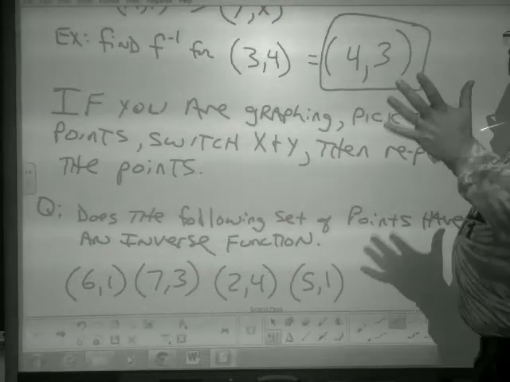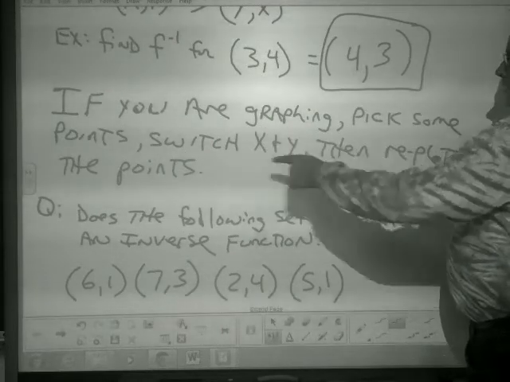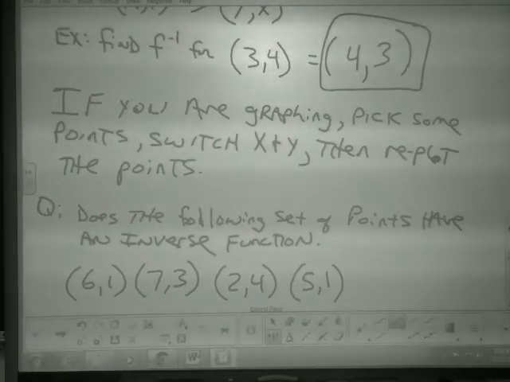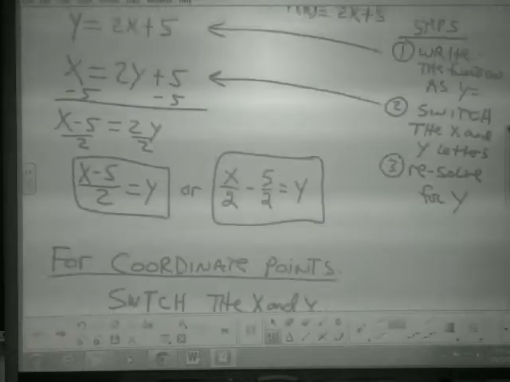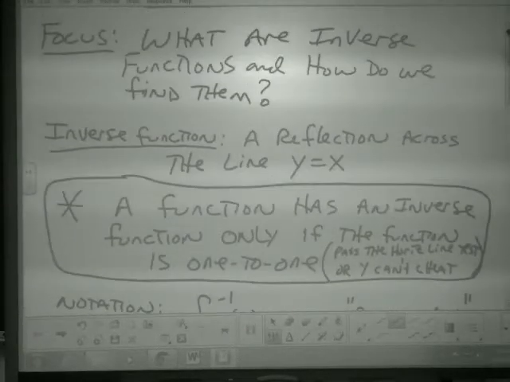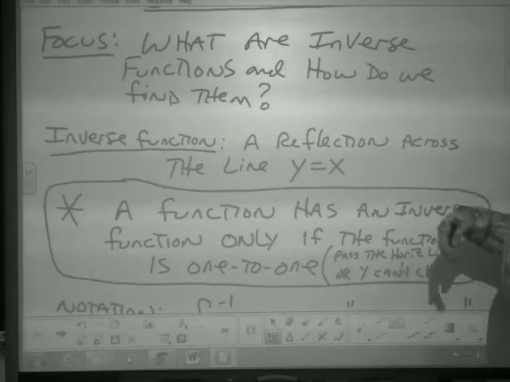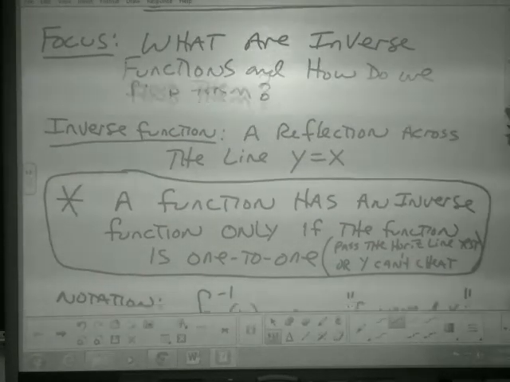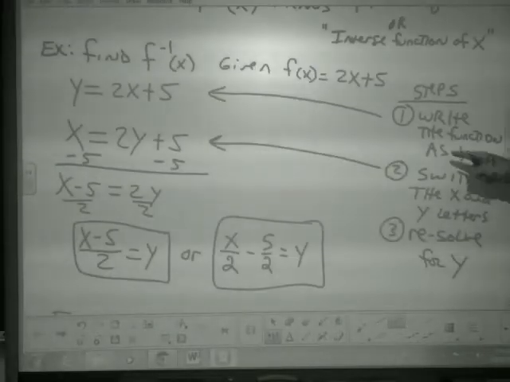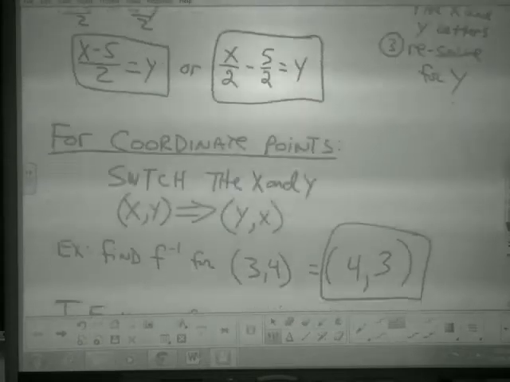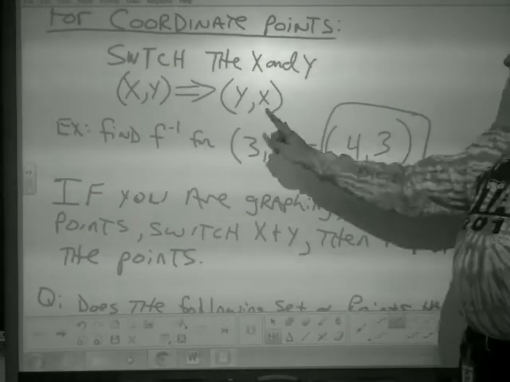So pick a few points, switch x and y, replot them. If we go back up for a second, we looked at what inverse functions are. They're reflections across the line y equals x. How do we find them? We write it, switch the letters x and y and resolve, or for coordinates, trade x and y.